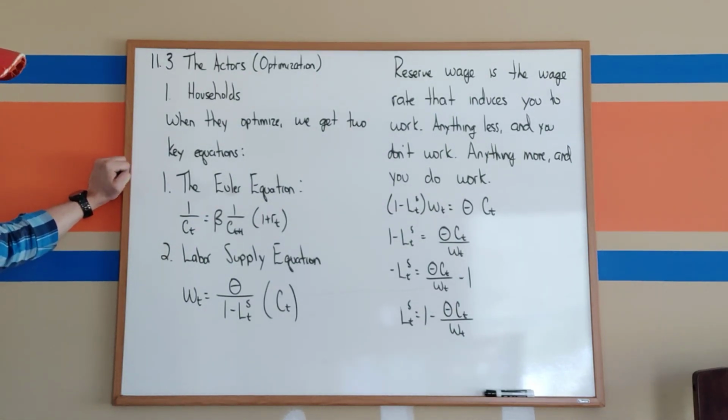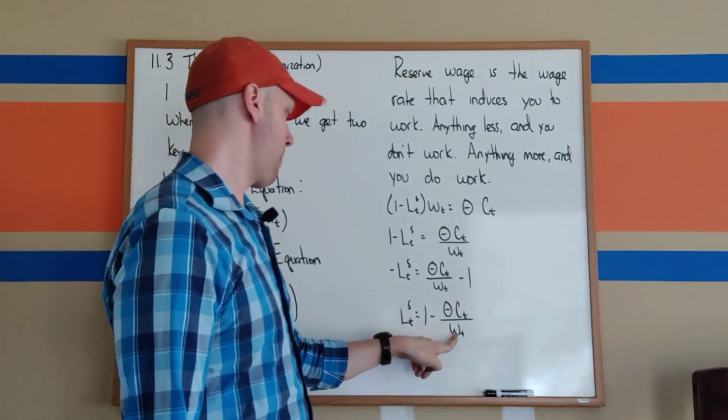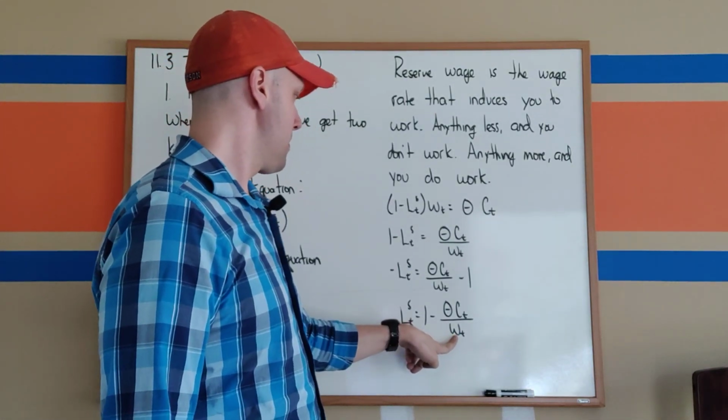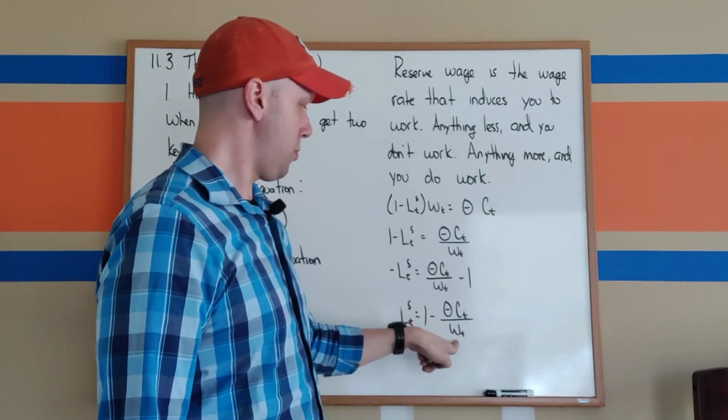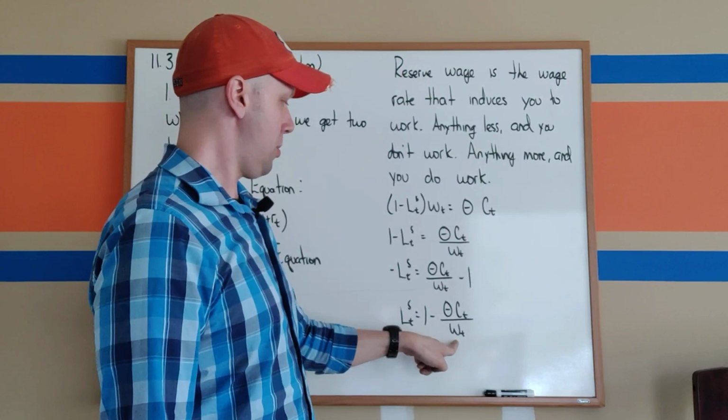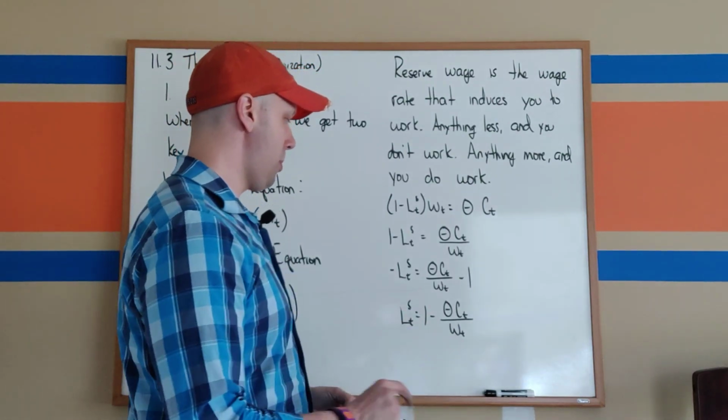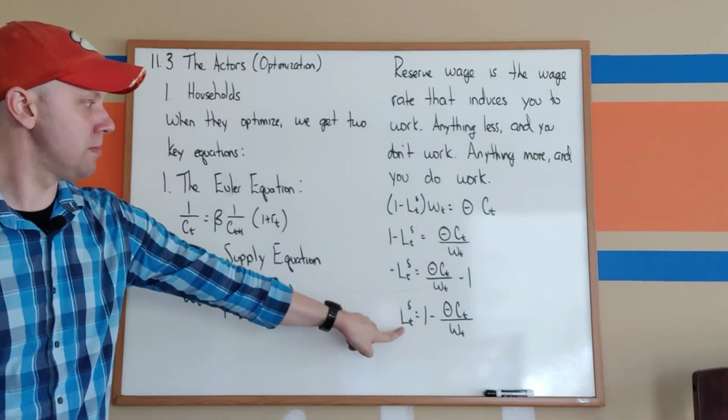What we see here now is if this wage rate goes up enough, we've got 1 minus this, if this wage rate were to increase to a certain amount, boom, all of a sudden you want to work more hours.